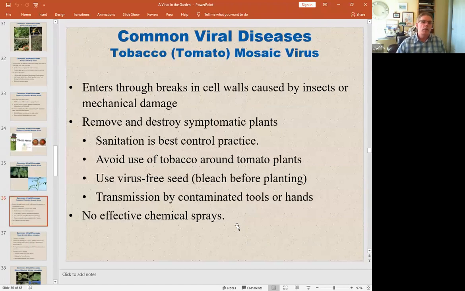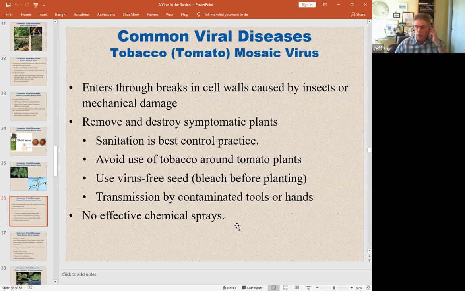It enters through breaks in cell walls caused by insects or mechanical damage. The insects are not per se vectors of this disease, but if there's damage to the plant, the virus can get in. So remove and destroy symptomatic plants. Sanitation is the best control practice.